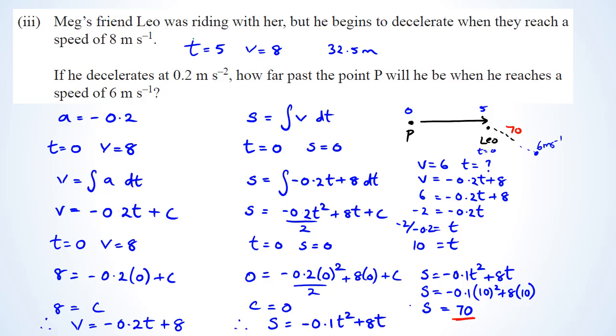And from previously, they had 32.5, which was from here. So the total distance past P equals the 70 plus the 32.5, which equals 102.5 meters.